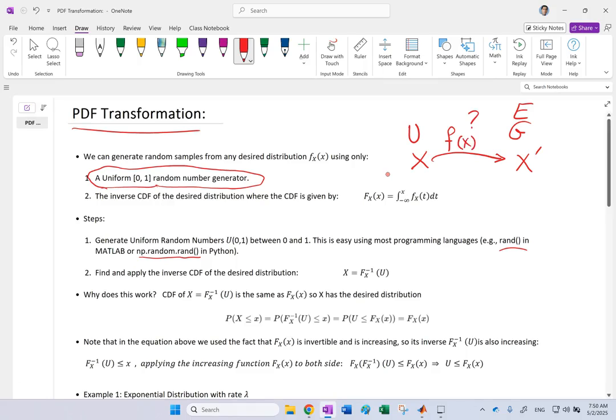And the answer is actually the inverse CDF of the desired distribution. So if it's Gaussian, the inverse cumulative distribution function of Gaussian, or the inverse cumulative distribution function of exponential. So the inverse CDF of the desired distribution is the answer.